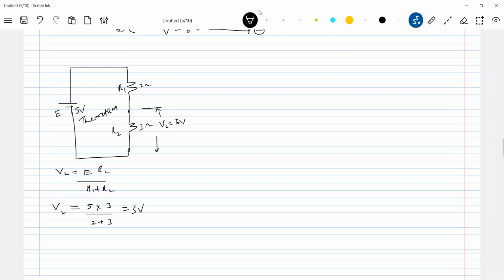Now let me introduce a voltmeter to measure the drop across this resistor R2, with this R1. R2 is 3 ohm, and this is 2 ohm. So across which 2 points should I measure?